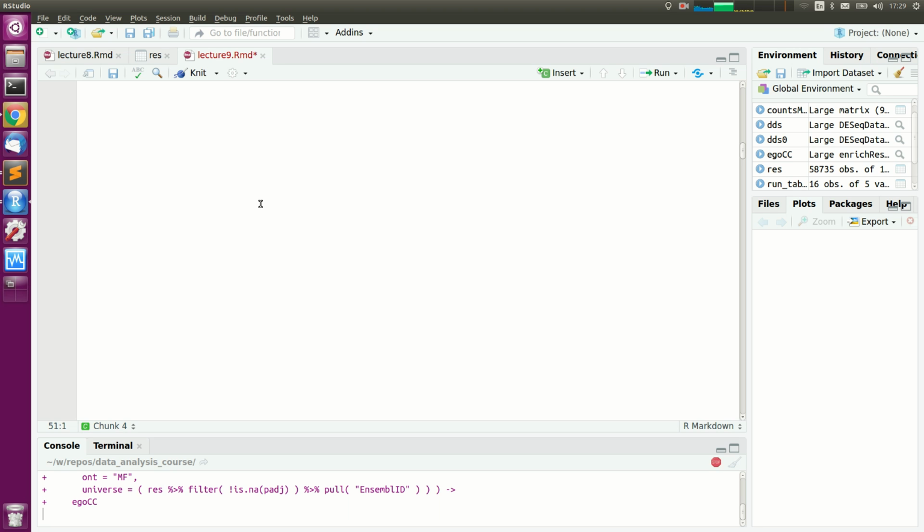I always said we compare the fraction of the GO category among our upregulated genes with the fraction among all genes. But what do we mean by all genes?